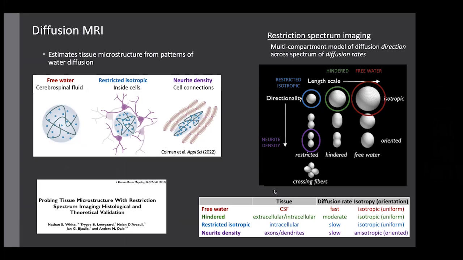With diffusion tensor imaging, you only get the primary direction of diffusion in that voxel. Restriction spectrum imaging actually measures diffusion in multiple directions, even within that voxel. So it can tell you if there are, for example, crossing axons or crossing dendrites inside of a voxel. So it gives us a lot more information about the finer scale microstructure.